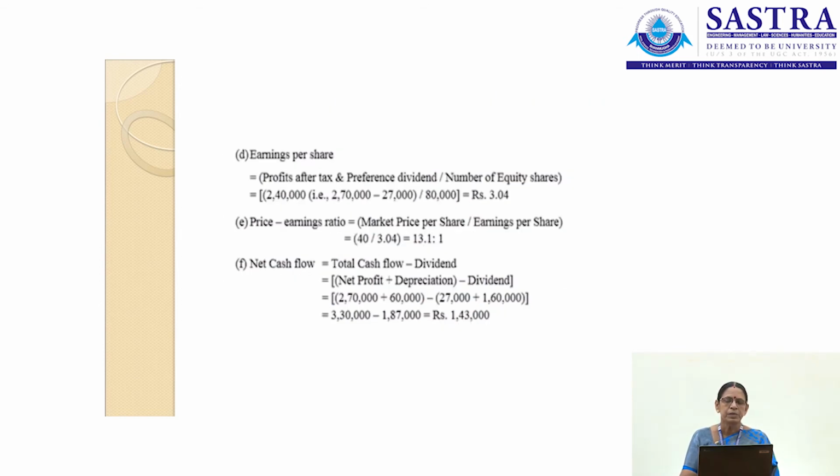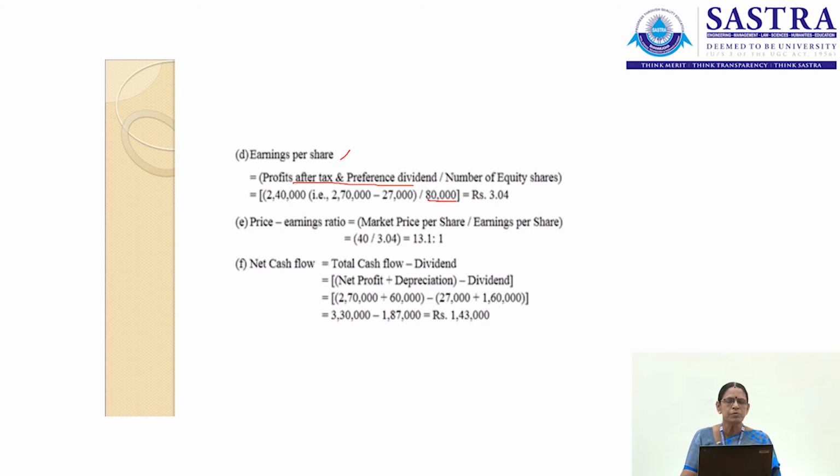Earnings per share. When will you calculate your earnings per share? After paying off your preference dividend. So, profit after tax and preference dividend divided by the number of equity shares. How many equity shares do we have? 8 lakhs is the equity share capital. We have 10 rupees as your face value. So, we have number of shares as 80,000.